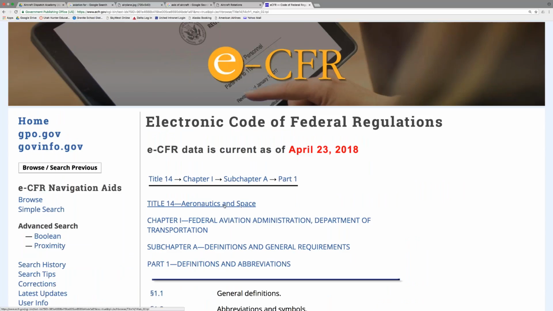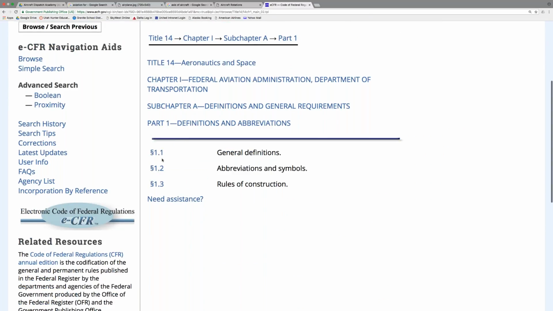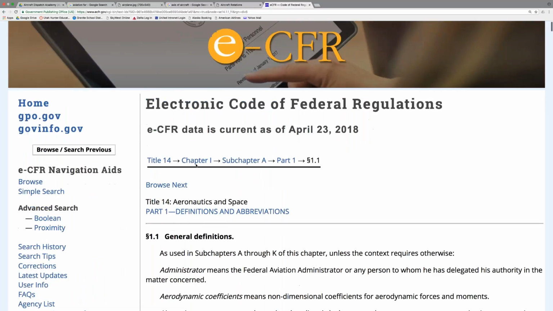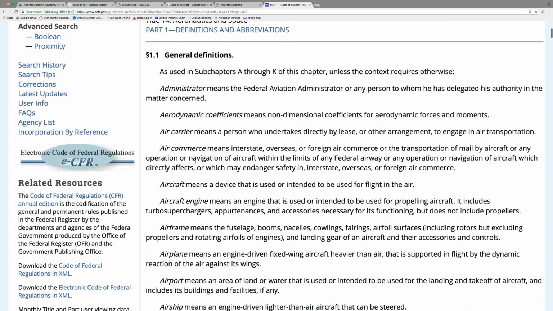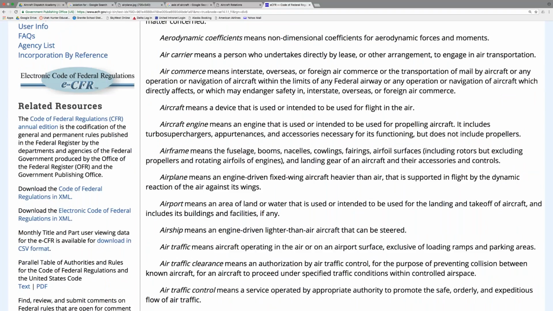And in the aviation world, we use thousands and thousands and thousands of abbreviations. It's kind of out of control, but it's just the way it is. It's the way aviation has been run for a long time.